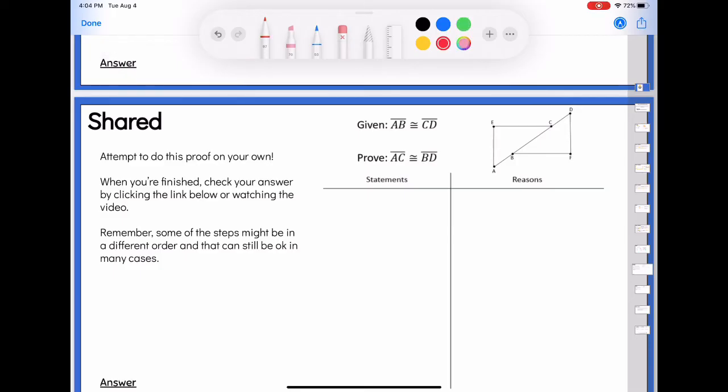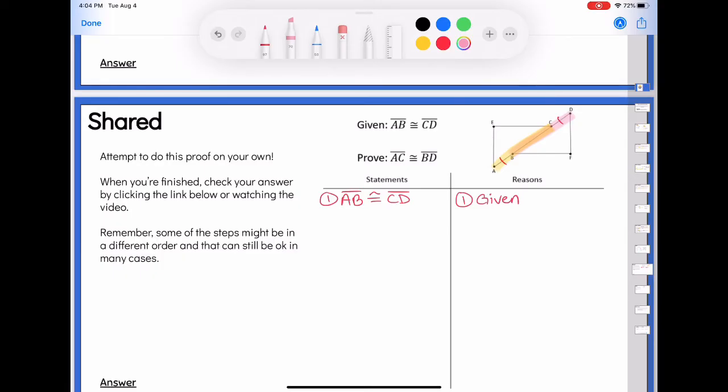Okay, so if I look at this, my given, step 1, AB is congruent to CD, given. I'm trying to prove that AC is congruent to BD. This is what I'm trying to prove. See how when I highlighted it, it really helped it jump out?